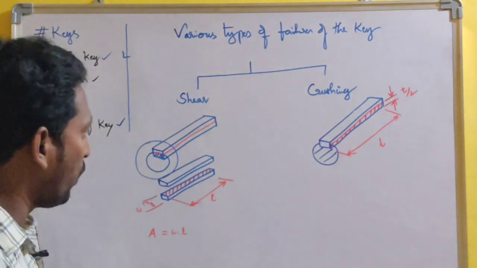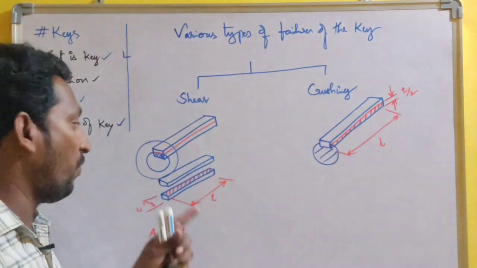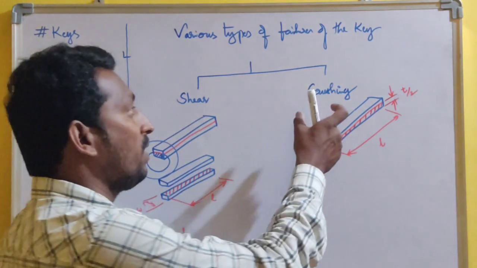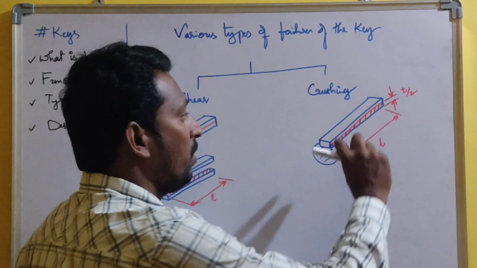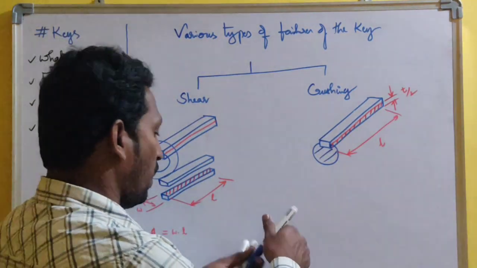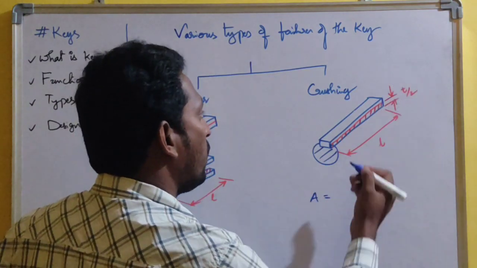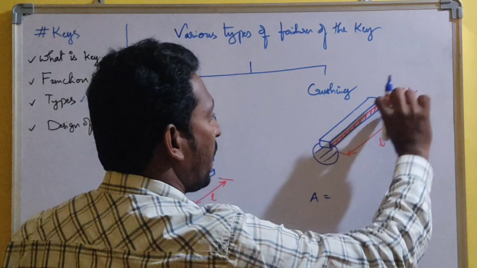That is why we are taking this rectangular cross section where the failure takes place, and in case of the crushing effect also, we will take only the half portion. So for this one, what is the cross section area? This is also rectangular.